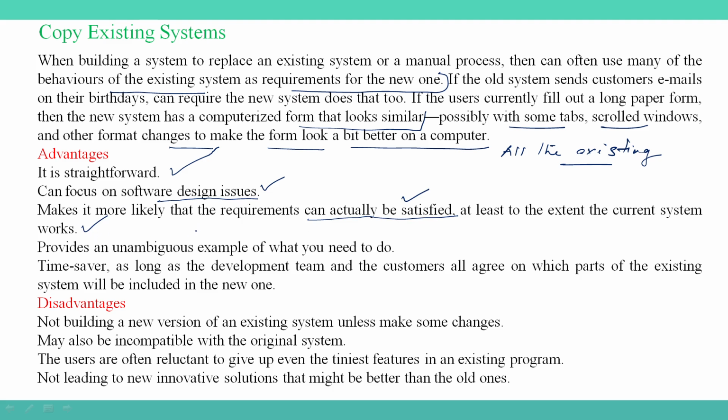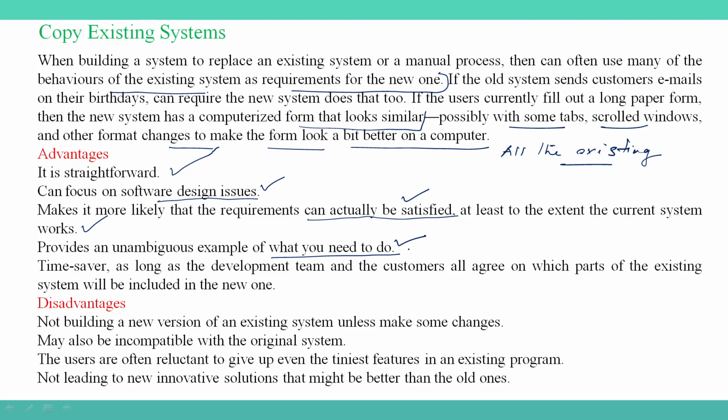Then it provides an unambiguous example of what you need to do. You will be getting the information without any doubt about what to do, because everything is working properly right now in a different form.